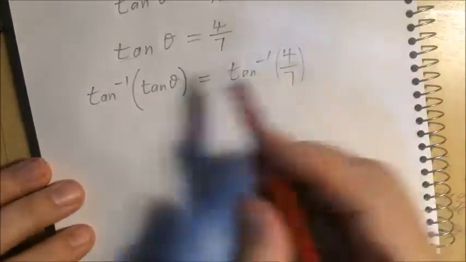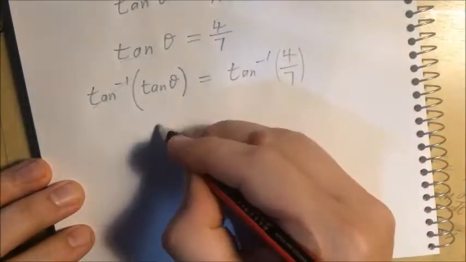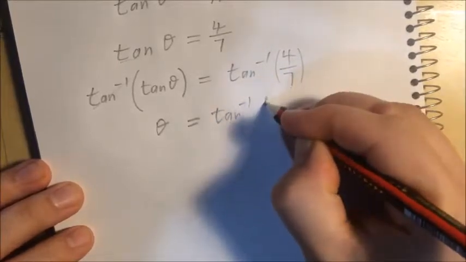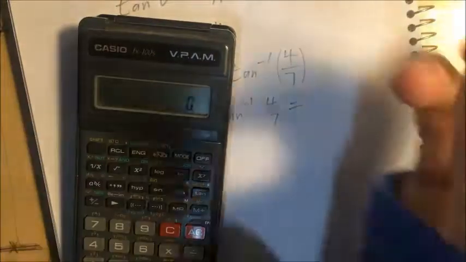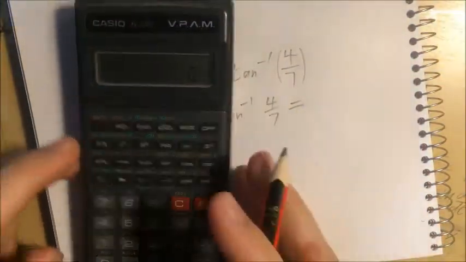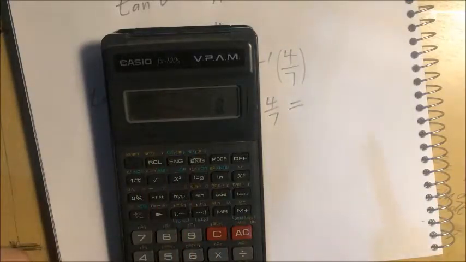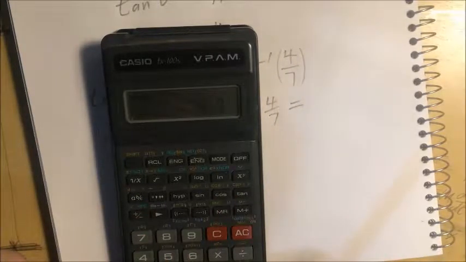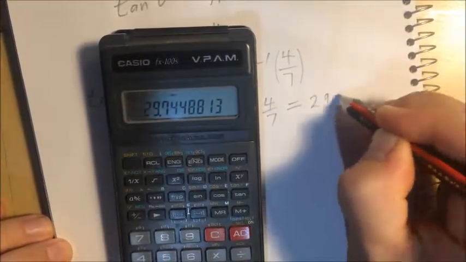Now some maths happens and these two cancel out and just become theta, and then we're left with inverse tan 4 on 7, which when we use the calculator, we go shift tan, and you have inverse tan here with the -1, of 4 on 7, and then we go equals, and this equals 29.7 degrees.